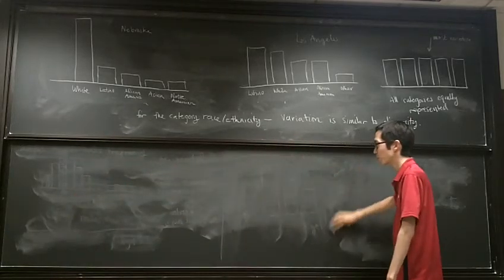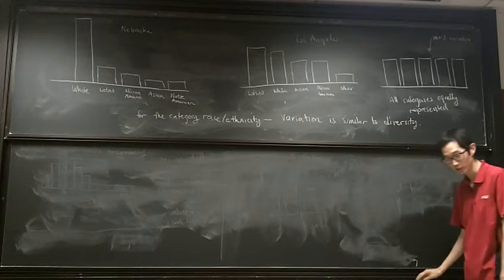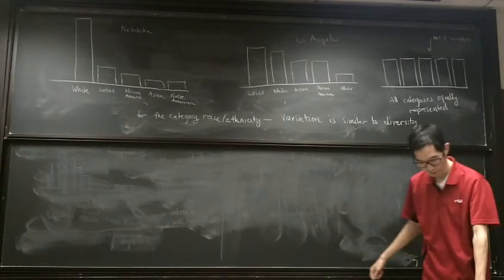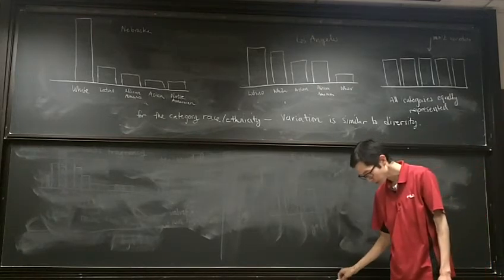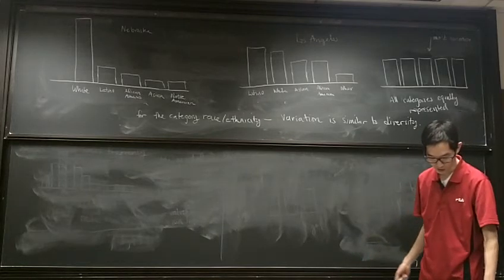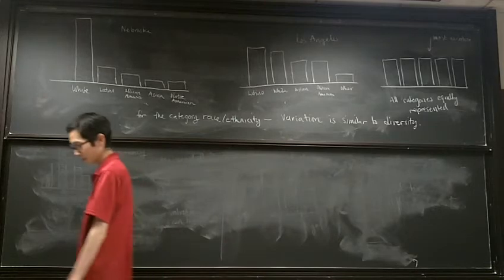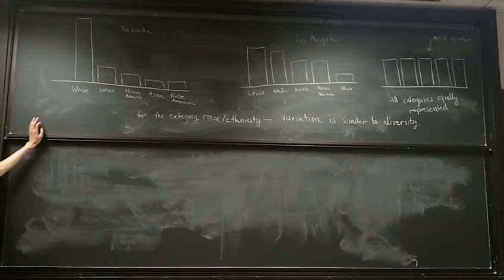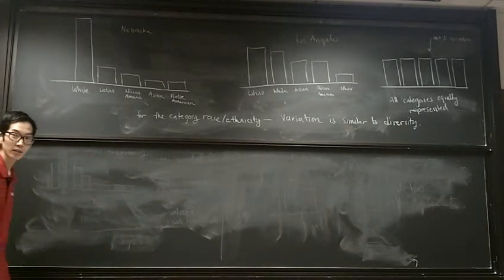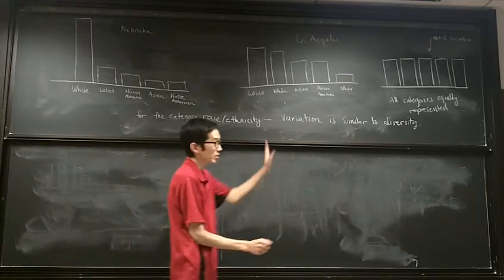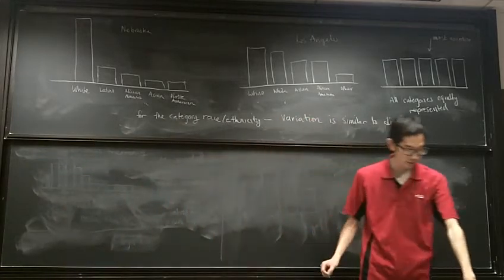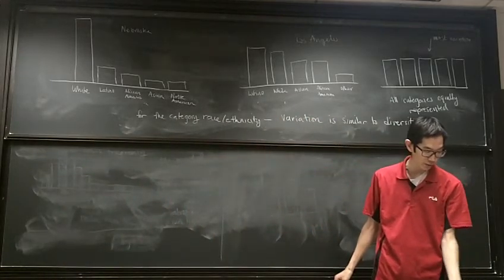Okay, the populations are much more homogeneous. Well, everything comes with its pros and cons. Okay, is that all right? The concept of variation for categorical variables.